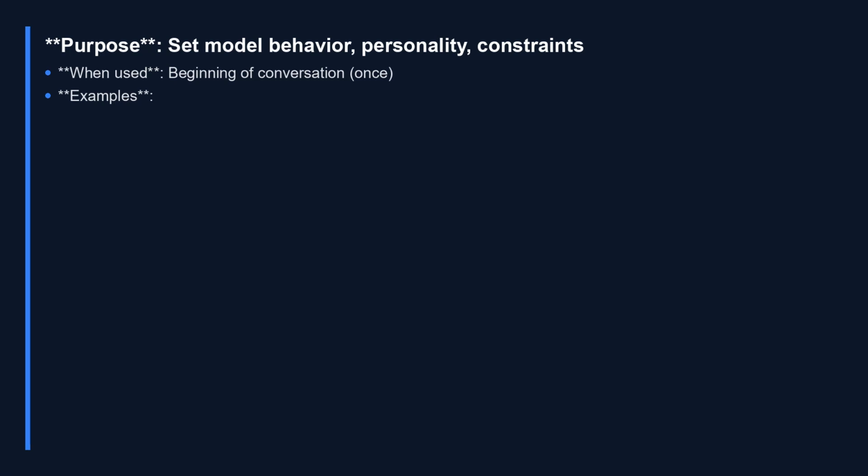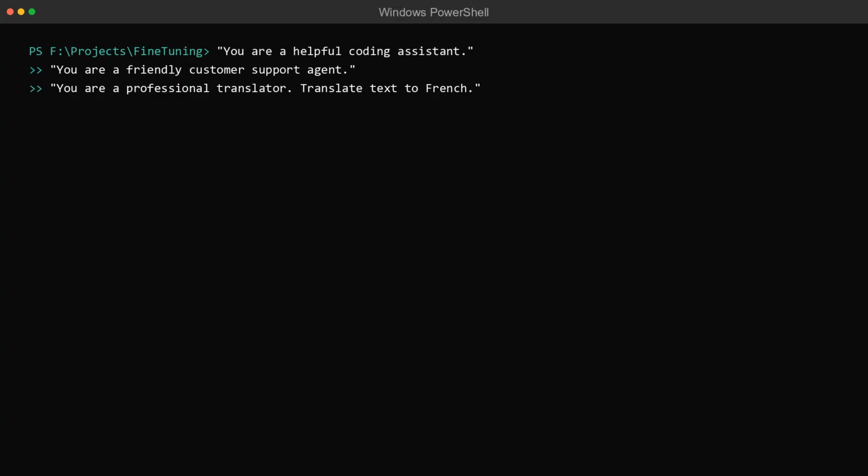The system message is your primary lever for controlling model behavior. It runs once at the start of the conversation, and its influence persists through every subsequent turn. Think of it as the briefing you give an employee before they get on a customer call. You set the role, the tone, the constraints, and the expectations all at once. The range of what system prompts can do is wide.